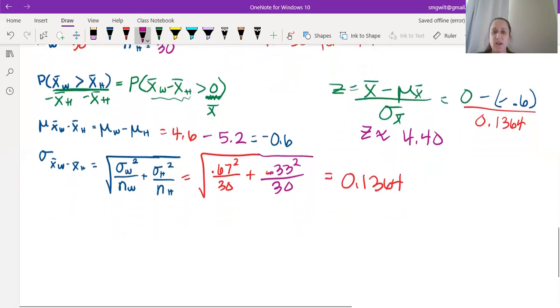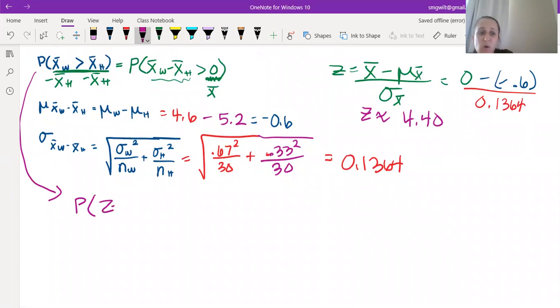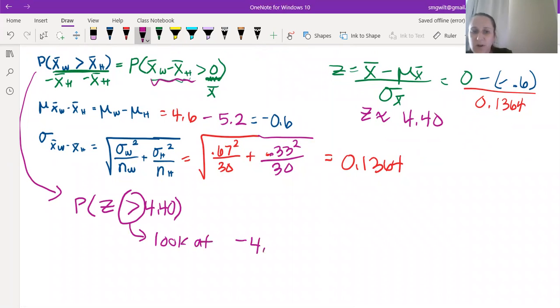So I want to find the probability that my z-score, because I converted this to a z-score, is greater than 4.40. Greater than means I'm going to look at negative 4.40 on my z table instead.